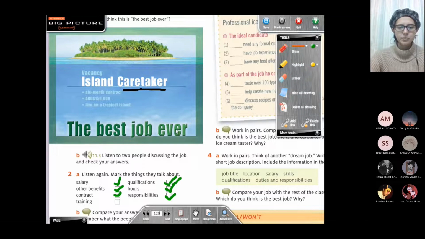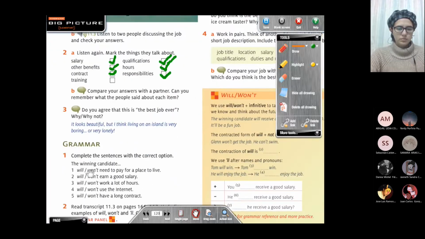Well, the Queensland Tourism Authority is looking for someone to be a caretaker on a tropical island off the coast of Australia, in addition to a fantastic salary of 150,000 Australian dollars. 150,000? Yes, the caretaker will get $150,000 for a 6-month contract. And in addition to the salary, the caretaker will live rent-free. That's right, they won't pay any rent, in a 3-bedroom beachside villa with a swimming pool.